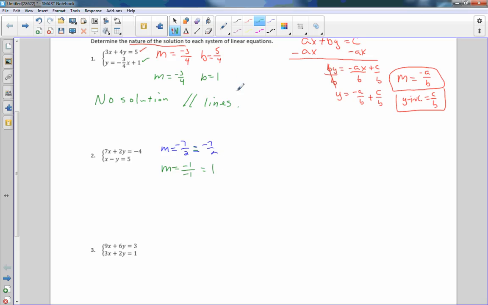So this one, the slopes are different, therefore (three little dots in math mean therefore) the lines intersect. And there is one solution.